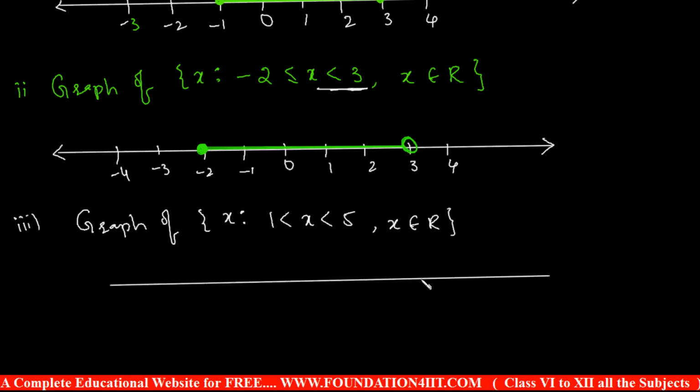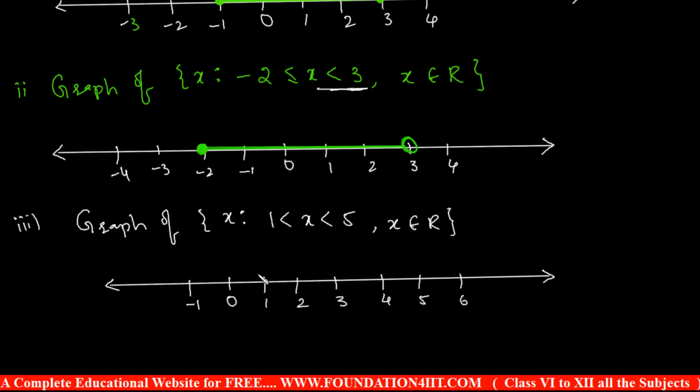So if you see this, 0, -1, keep the arrow marks, no negative numbers, only from 1 to 5. 1, 2, 3, 4, 5, 6, and so on. Here 1 is not included because x is greater than 1.